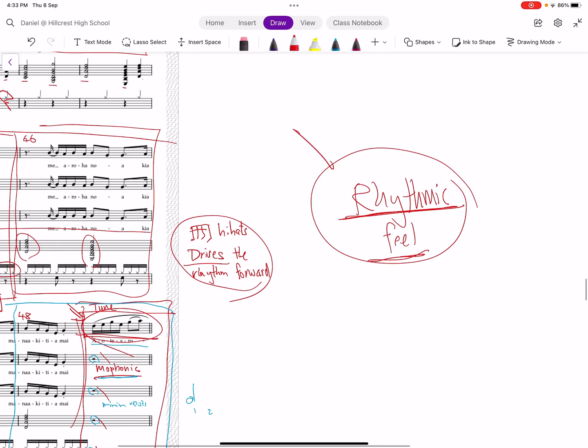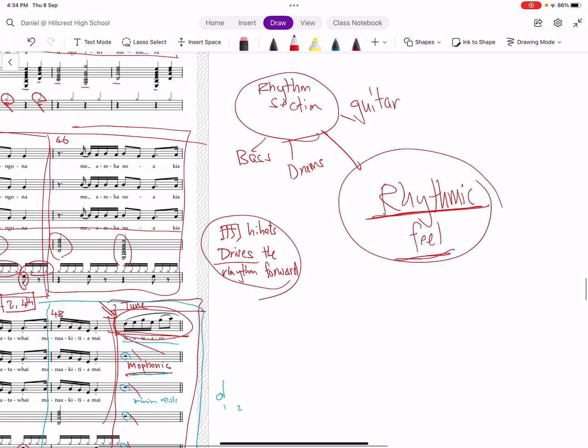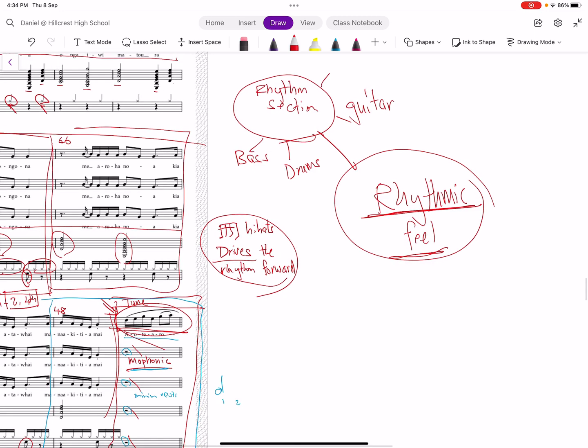The rhythm section in a band are bass, drums, and I guess rhythm guitar or guitar. Guitar could work. You could have piano that could drive the rhythm.